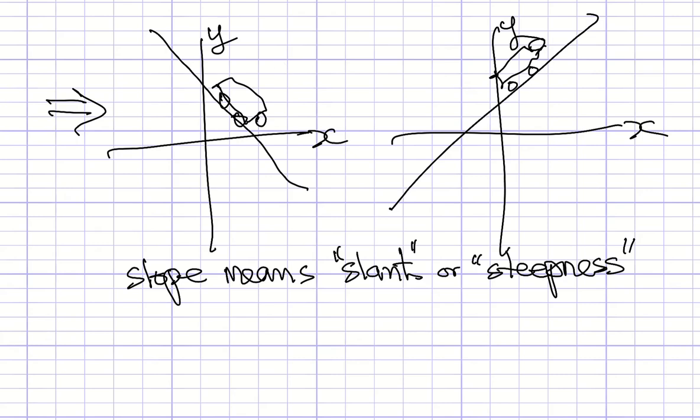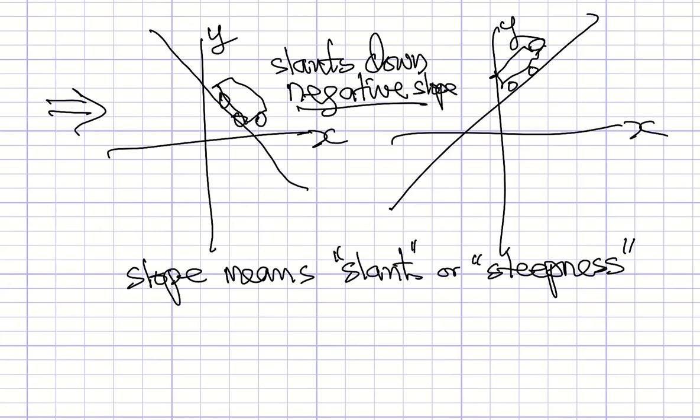The road slants down. So that's called slants down. If you're looking at it from left to right, you see that? That's called negative slope. Now this one going from left to right, you see it slants up.